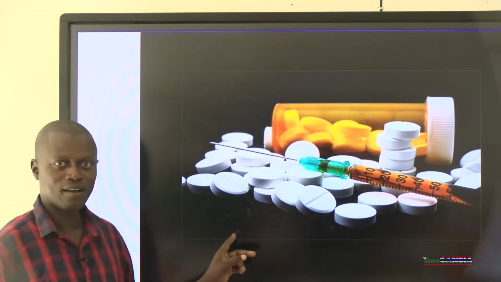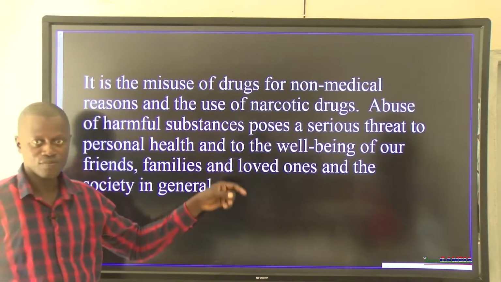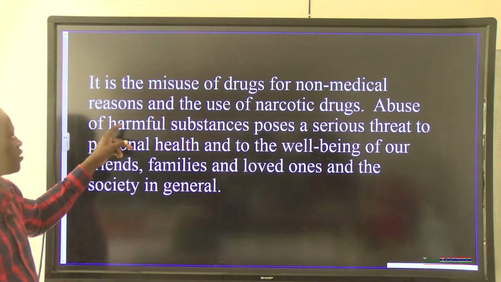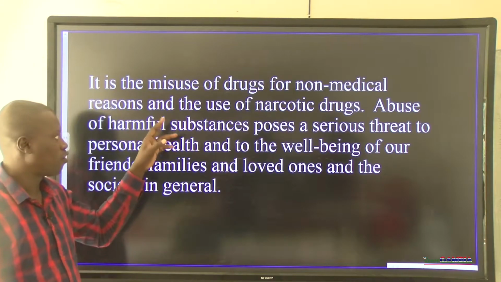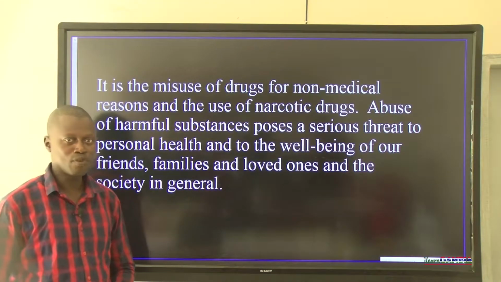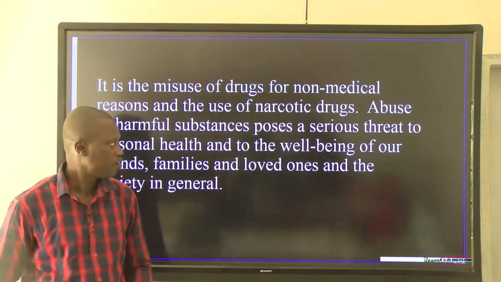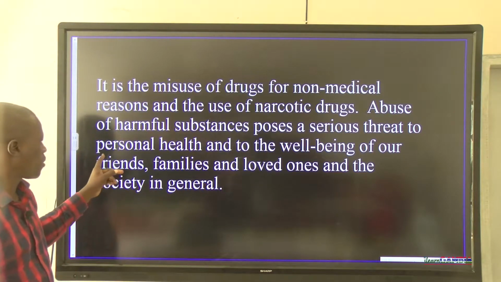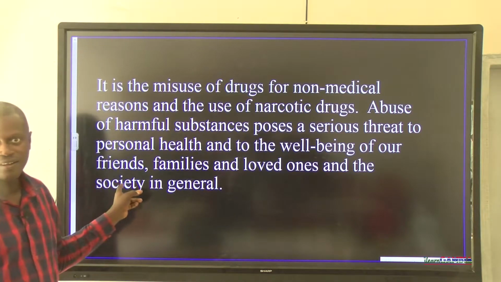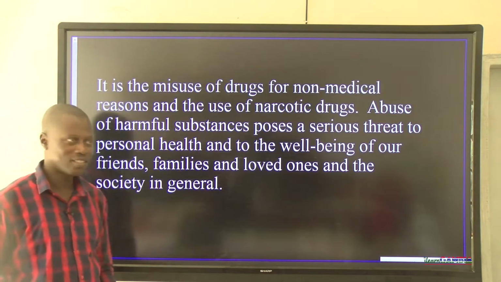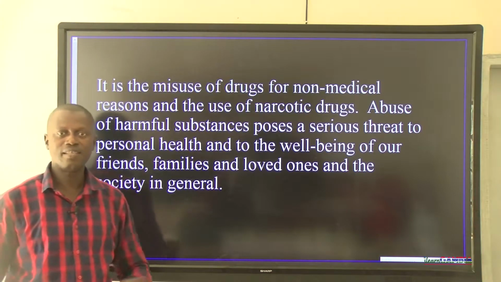Now, substance abuse is the misuse of drugs for non-medical reasons and the use of narcotic drugs. Remember, all falls under substance abuse and drug abuse for that matter. Abuse of harmful substances poses a serious threat to personal health and to the well-being of our friends, families, loved ones, and the society in general.